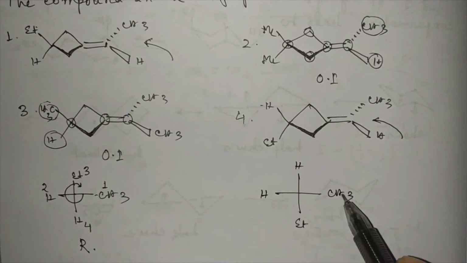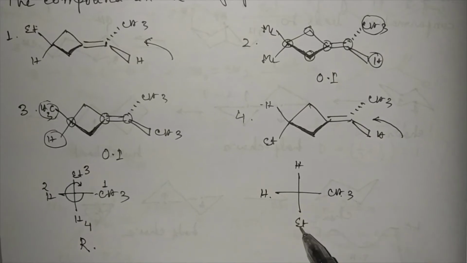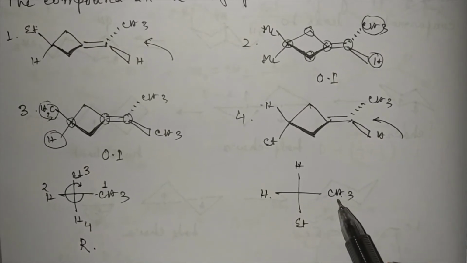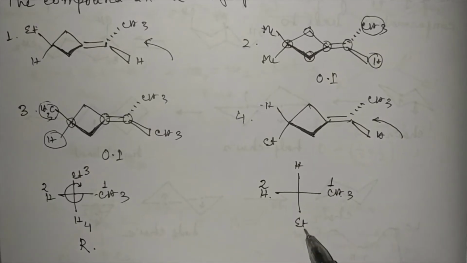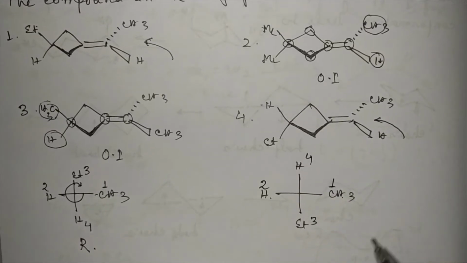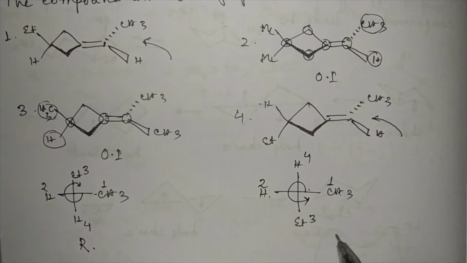Now these two groups are in the front carbon, so these two groups will precede these two groups. Between these two, this will be 1 and this is 2, and between these two, this has higher priority, so it will be 3 and this 4. Now 1, 2, 3 is the anti-clockwise direction, so this will have configuration S.